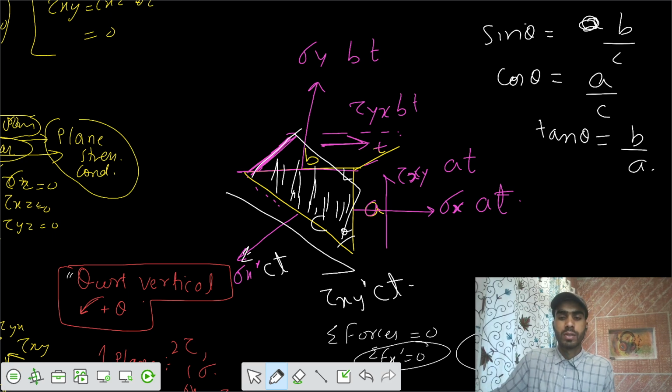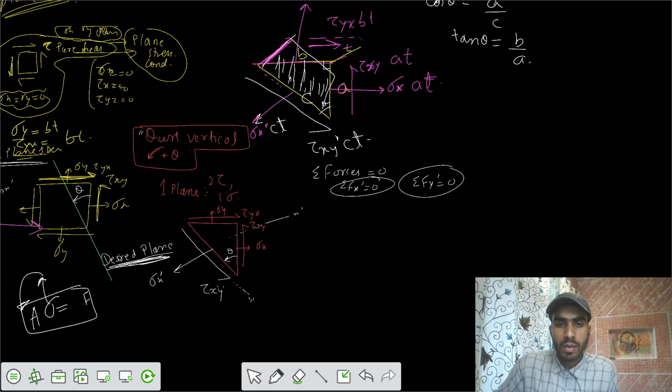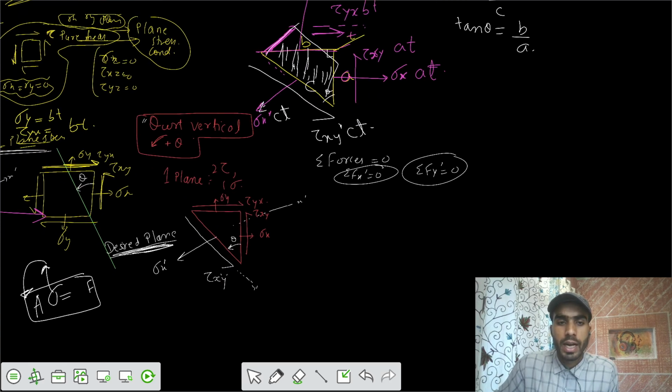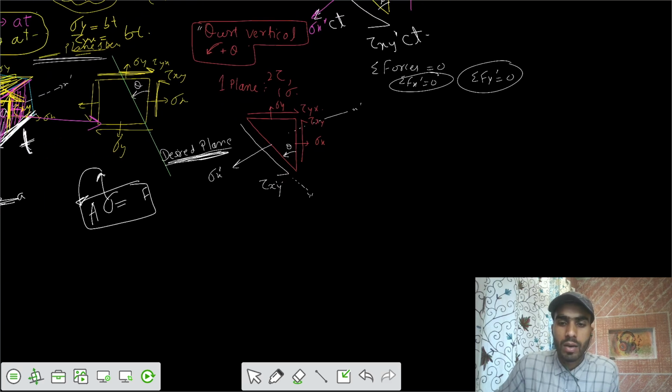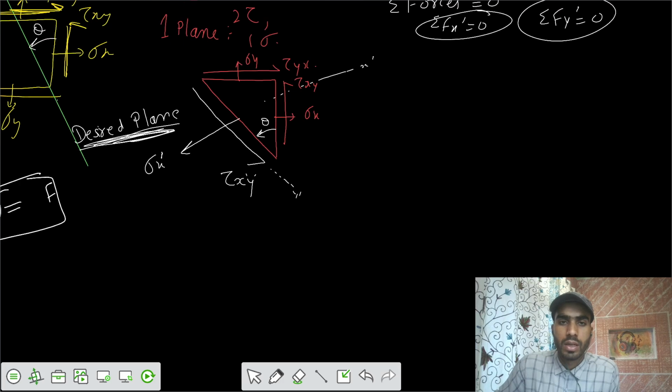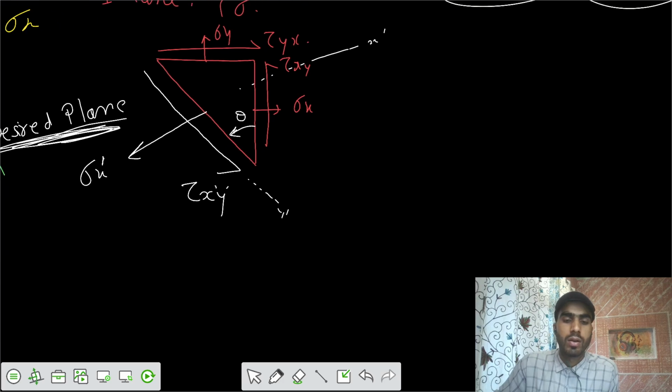So we got the forces. Now we have to resolve them in the x dash direction and y dash direction. Let's first solve for the x dash direction by converting them into equivalent x dash components.